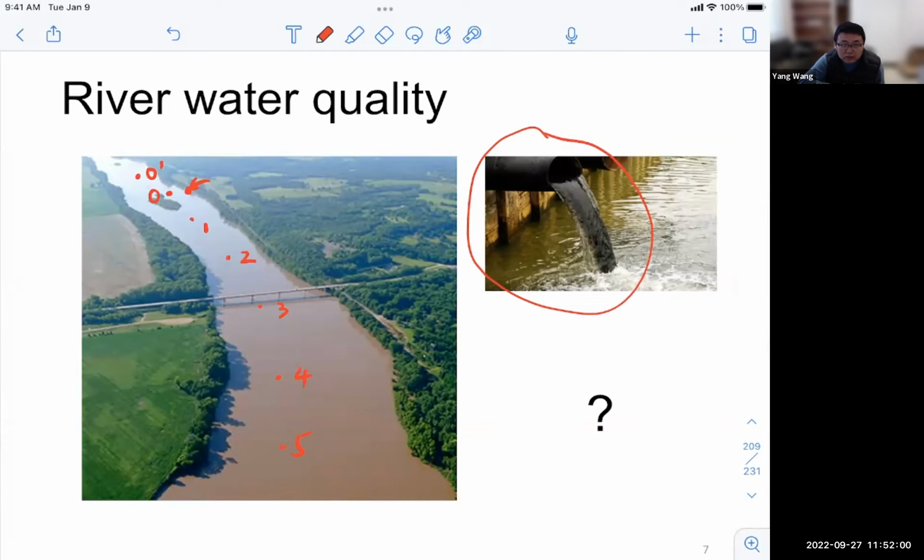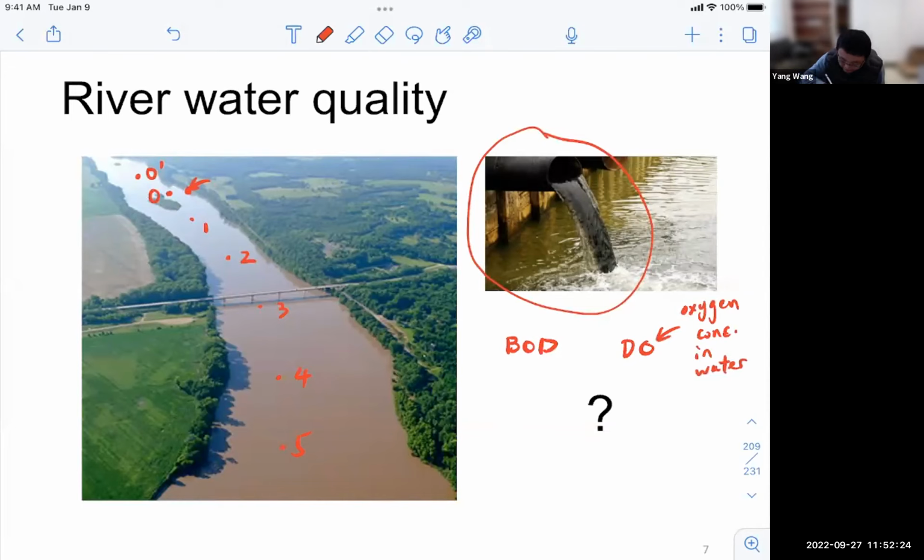Now let's just look at 2 indicators or 2 factors about the water quality. One is the BOD, and the other is the dissolved oxygen, basically the oxygen concentration in water.